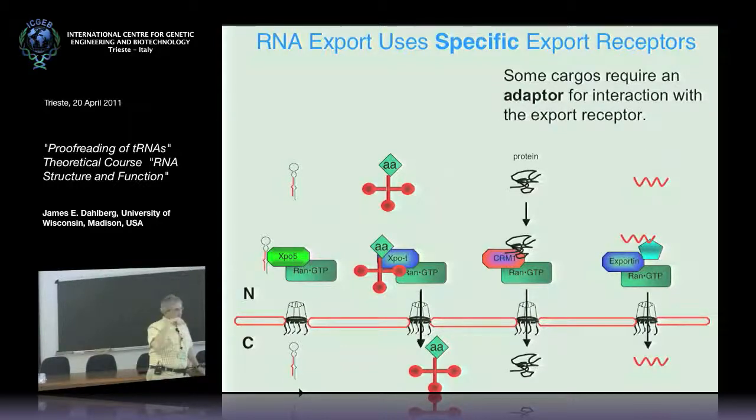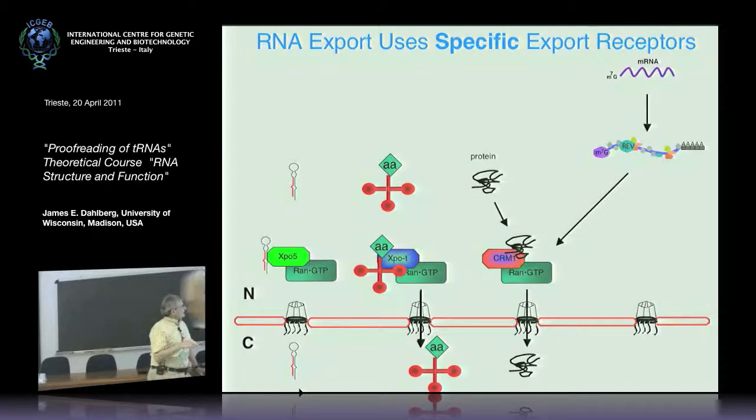One of the earliest examples of an adapter that carries an RNA into the cytoplasm was for unspliced RNA from HIV, which actually is a messenger RNA, and there's a protein that will bind to the HIV messenger called Rev protein, and that Rev protein will interact with CRM1.